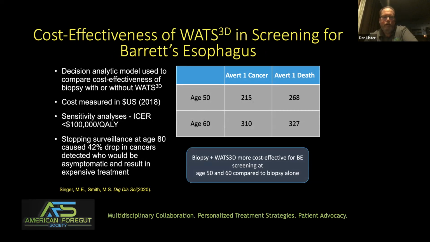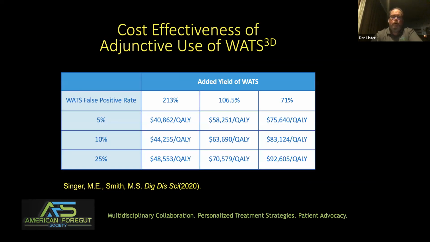Mike may be muted. Basically what they did is they looked at the different values of the cost of Barrett's detection with the brush, and using an ICER of less than $100,000 per quality adjusted life year gained, they were able to use different scenarios, using some really high false positive rates, which we really don't see, and different increasing yields in Watts.